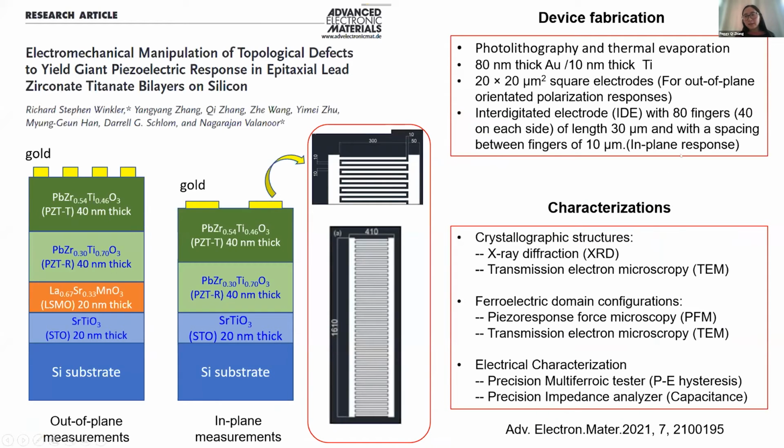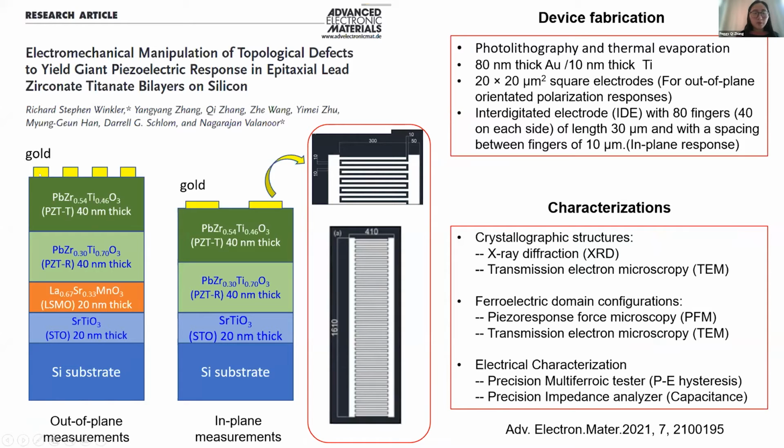Another study we've done recently is also a device which shows a giant piezoelectric response in bilayer PZT films on a silicon substrate. In these materials, we fabricated two types of electrode.